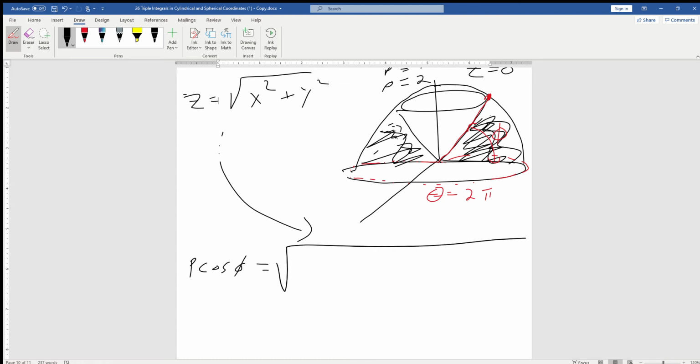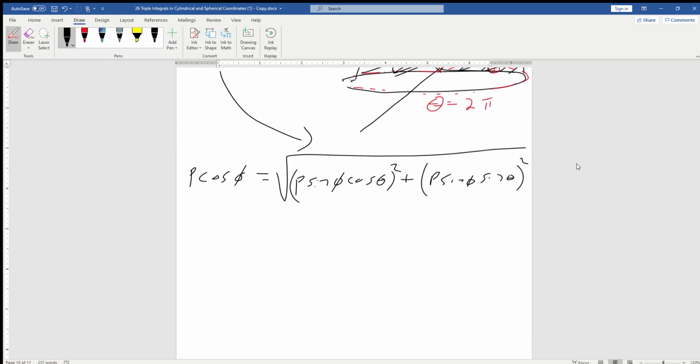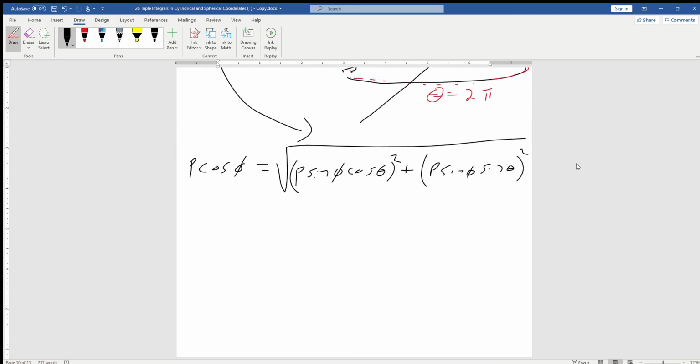Remember that x is rho sine phi cos theta, but we're going to square that. And remember that y is rho sine phi sine theta, and we're going to square that. So we're going to have to do a little bit of algebra or trigonometry to solve this.